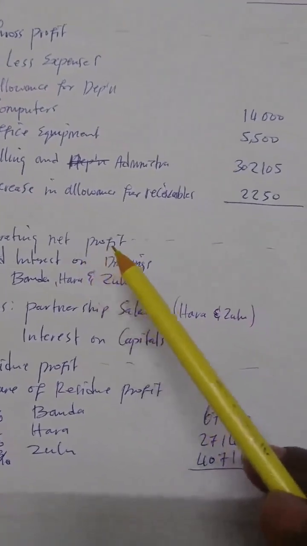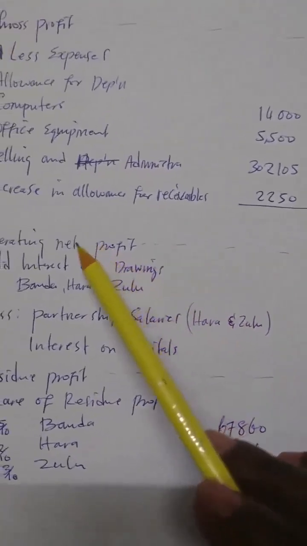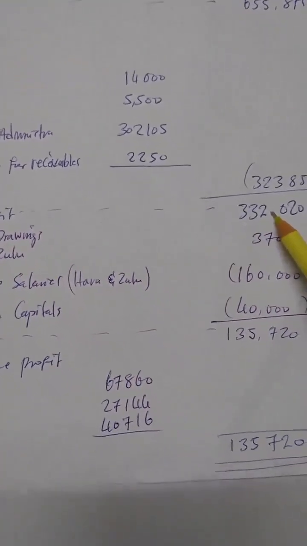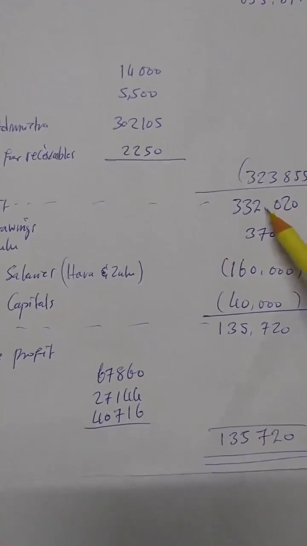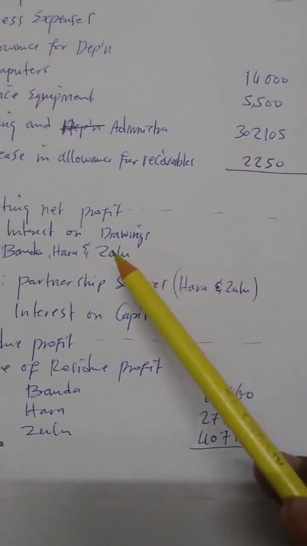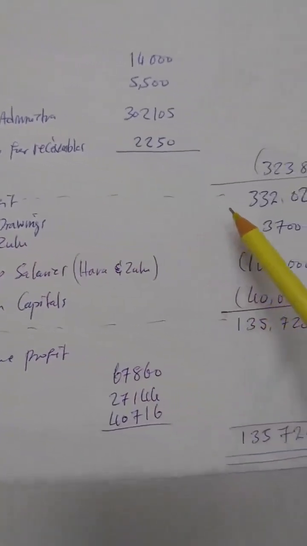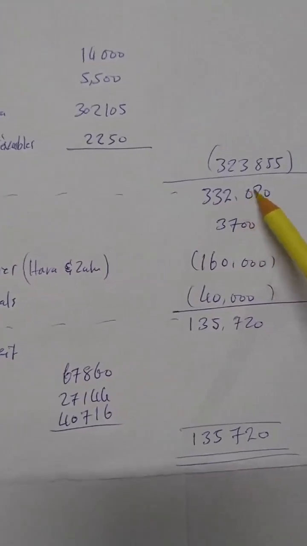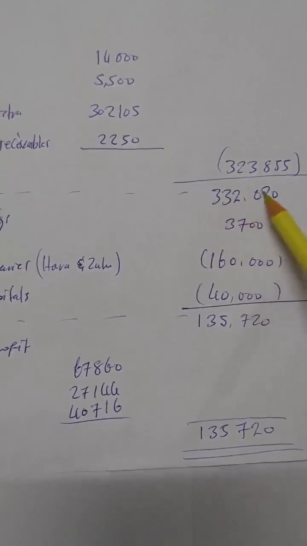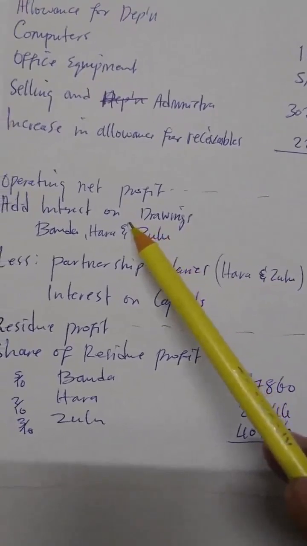Okay, so from the operating profit, that's where now the issues to do with the partnership are coming. The first thing you do in a partnership after you've calculated the operating profit is add the interest on drawings.